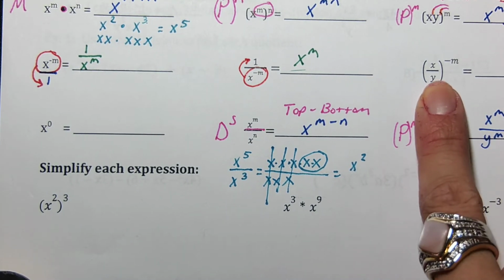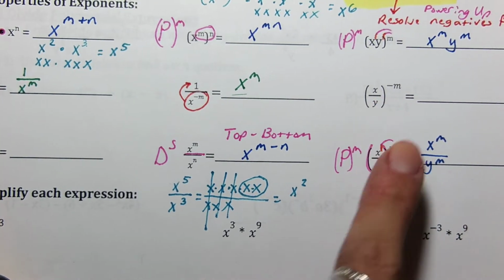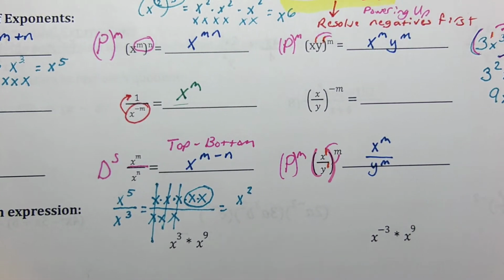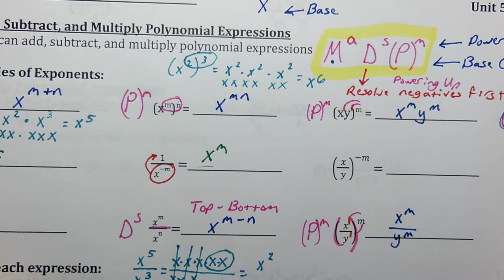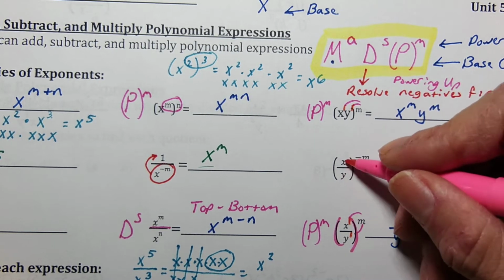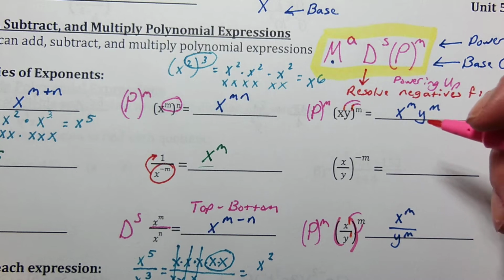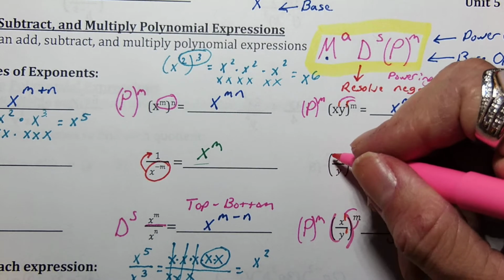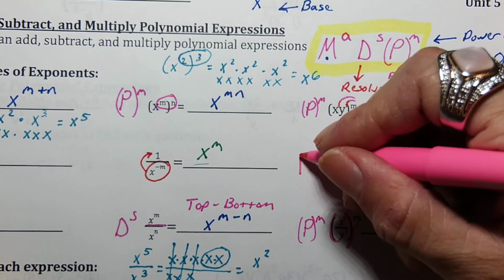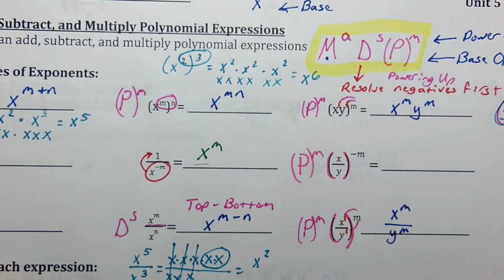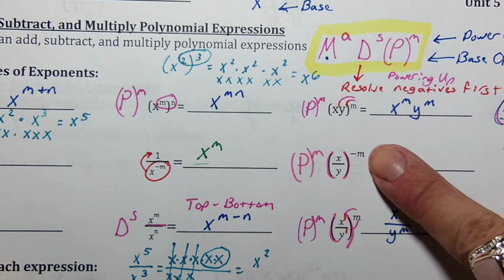Now this last one in this row, this is starting to get into combinations of power rules and my negative exponents. What operation is going on with our bases? Well, we've got division between the x and the y, but they're not the same bases, so we can't do anything. We are powering up, which means we are going to multiply all of the exponents by the one on the outside.